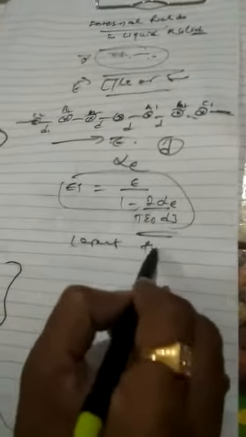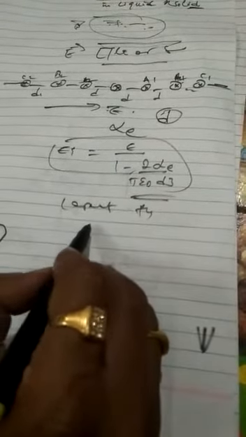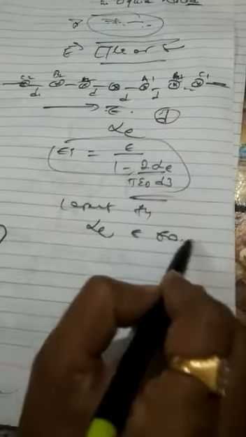Next, the Lorentz field. What is the Lorentz field? In the above equation, equation 1, E, E naught, D, alpha E and Q are all positive values.